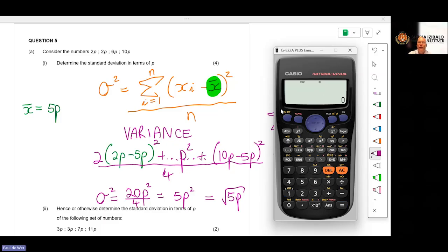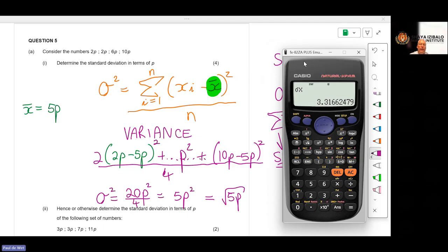All right, and now we're going to get the standard deviation. So we go shift stat, we go for option 4, that var doesn't mean variance, it means the variables about this data set, and then option 3. And our answer should be this. Okay, I've messed this up somewhere. Okay, I'm pleased we checked it, because our answer should have been about the square root of 5, which it's not.